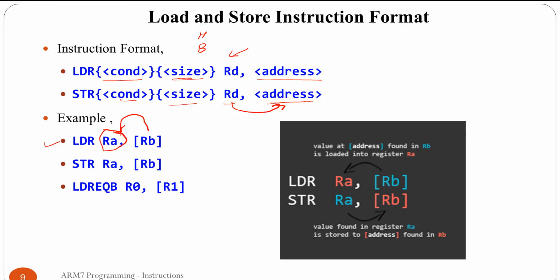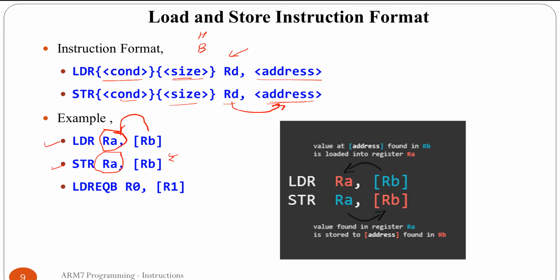Please note this point. The square bracket represents an address. So whatever data we have inside the Rb register will be considered as an address, and the data corresponding to that address will be loaded into the Ra register. Next we have STR, that is store register. In this case the contents of Ra are stored into the address specified by the Rb register.